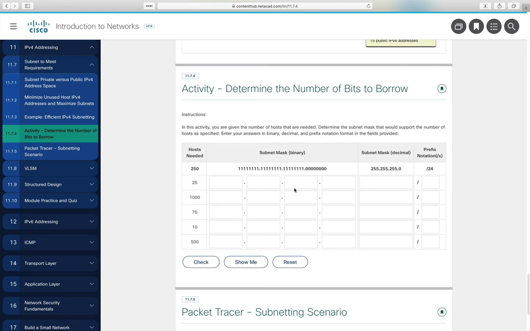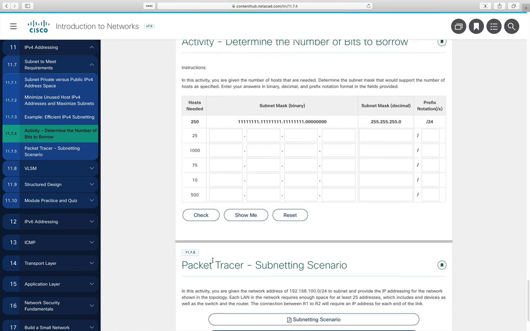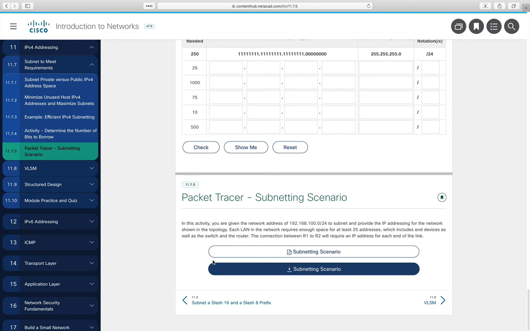And like you say, once you've done this, you can do a check and it will check and see if you've done your work correctly. 1175 is a subnetting packet tracer where you go through, calculate some subnets, assign them to devices in the topology, and then check and make sure you did that correctly. So that's packet tracer 1175. I'm pretty confident I'll be assigning that, so watch for that to appear.